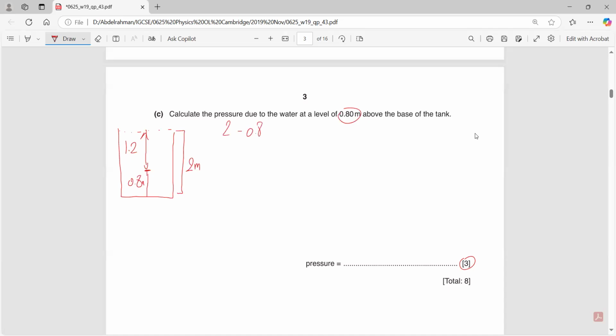Pressure equals rho gh: 1.1 times 10 to the power of 3 times g 9.8 times the height 1.2, which is 12,936. You can write it down as 13,000 pascals.